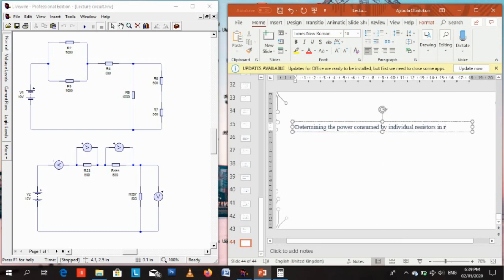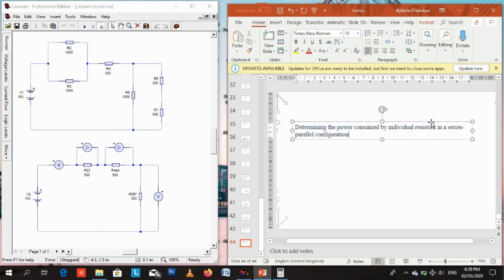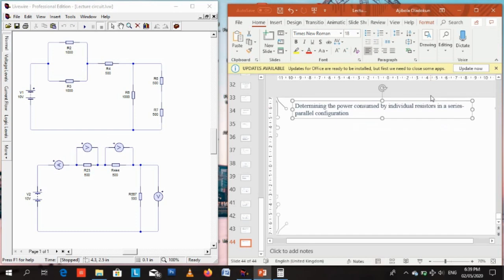If you have a circuit where you have many resistors connected in both series and parallel, how do you get the power consumed by each individual resistor? If all the resistors were connected only in series, that's pretty easy, and if they are connected only in parallel, that's also relatively easy. But when there is a mixture of both, that can be slightly challenging, but it's not too difficult, as you will see soon.